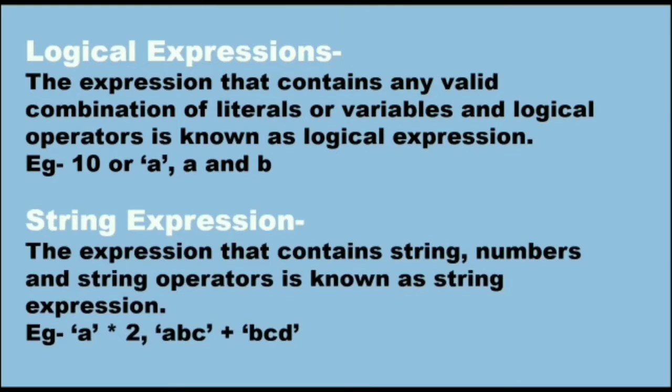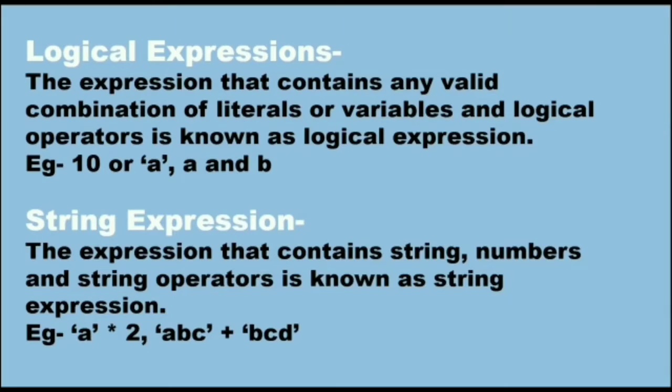String expression. The string expression is an expression that contains operands of string type or number type as well as string operators. Basically, there are two types of string operators we have. One is the replication operator and another is the concatenation operator. We will not go into the details of these operators, but this topic we will be covering in our video on strings.